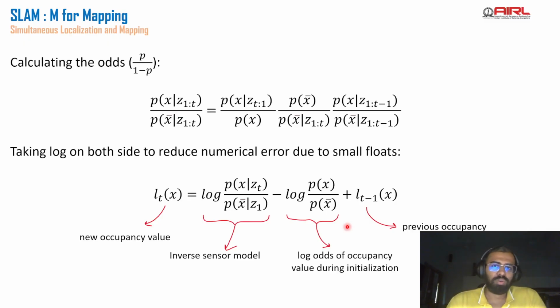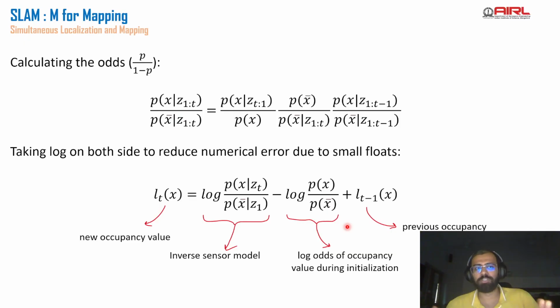One thing we want to do is calculate odds. Instead of just calculating probability, we want to calculate odds. What odds basically mean is, given 10 tries, how many of these 10 tries would I get a free cell or a filled cell, right?